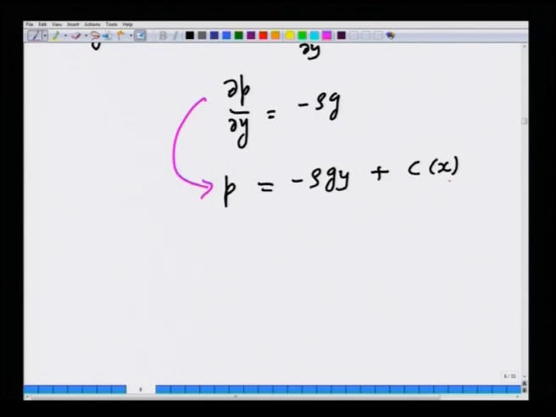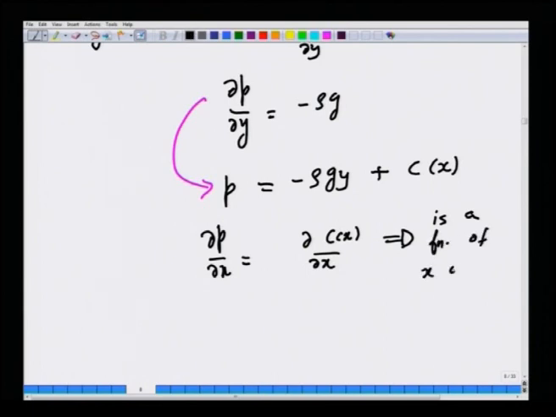If I differentiate this with respect to x, what this means is that this is partial c of x by partial x. So, partial p partial x is a function of x only. It is not a function of y.